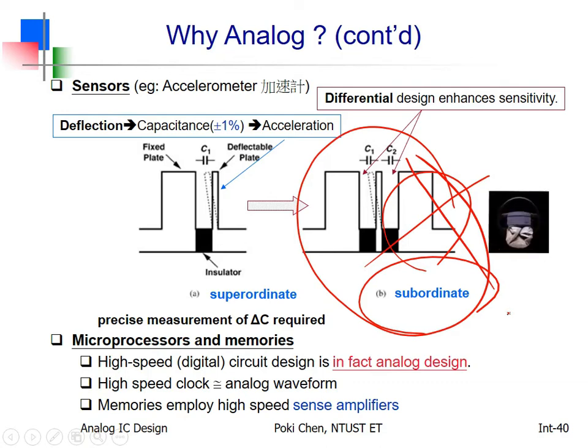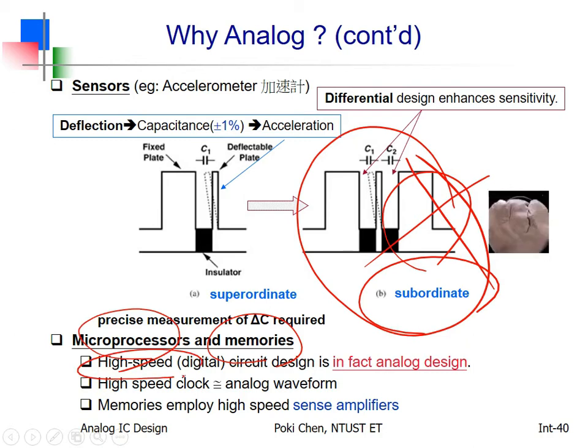Anyway, even for microcontrollers, microprocessors, memories, I think most of you will think, oh, they are digital chips. Yes, yes. But on the chip, nowadays we have a lot of high-speed I/O circuits, right?